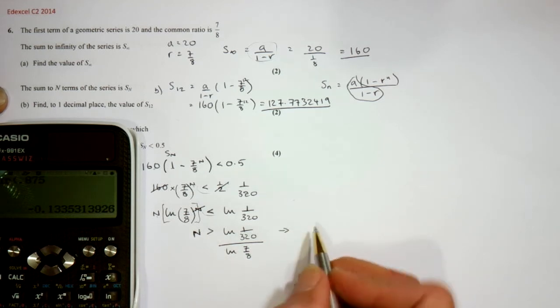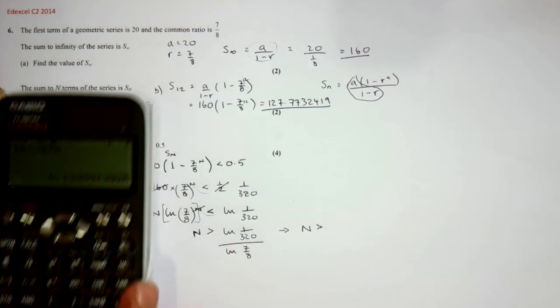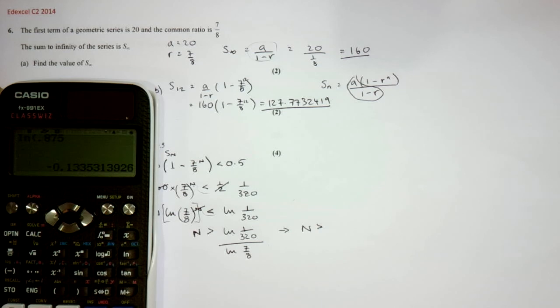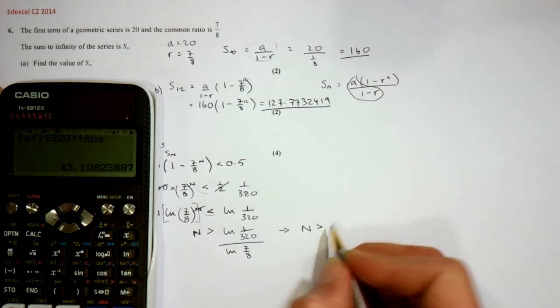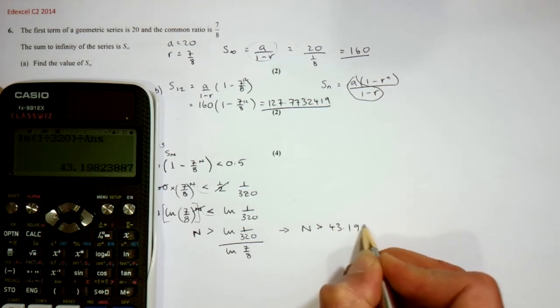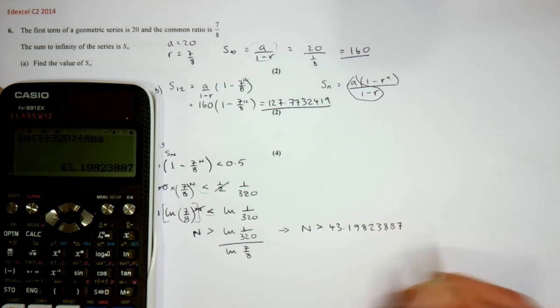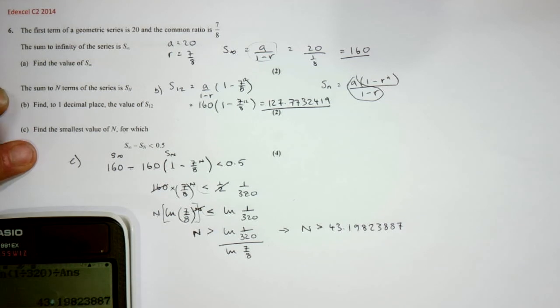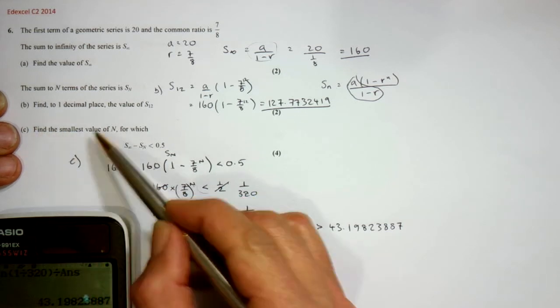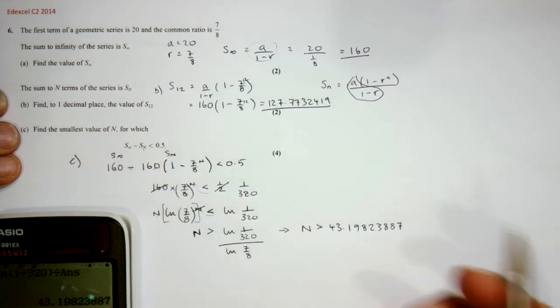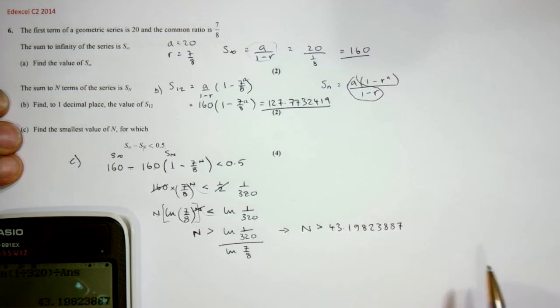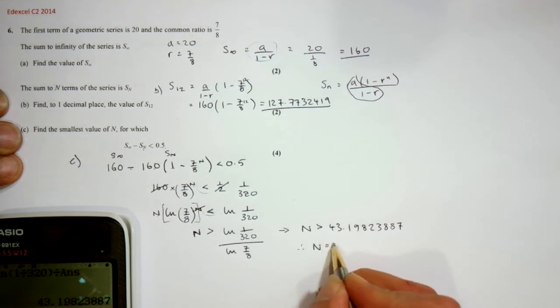And so that gives us that n is bigger than, if we do log of 1 divided by 320 and then divide that by the previous answer, 43.1982387. So n is bigger than this one, and that's fine. Except we haven't finished yet, because the question says find the smallest value of n for which this is true, and n can only be an integer, therefore n is 44.